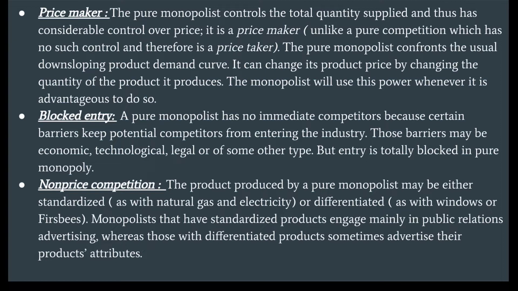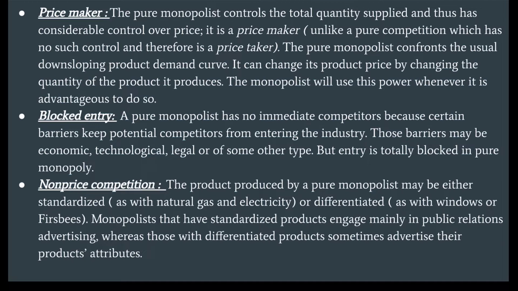Blocked entry. A pure monopolist has no immediate competitors because certain barriers keep potential competitors from entering the industry. Those barriers may be economic, technological, legal, or some other type, but entry is totally blocked in pure monopoly. Non-price competition.